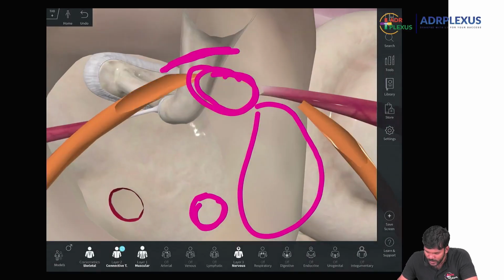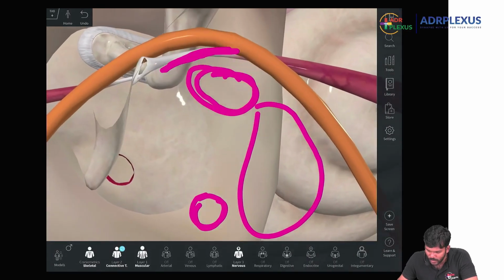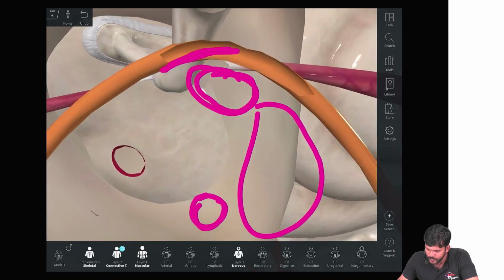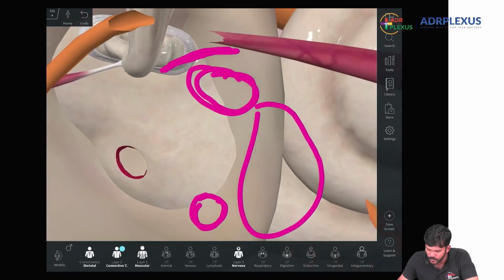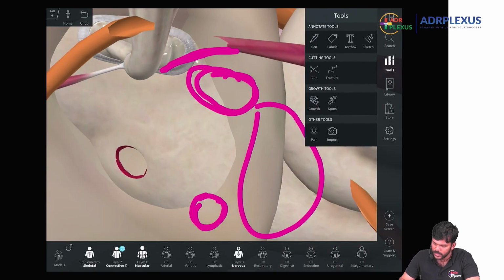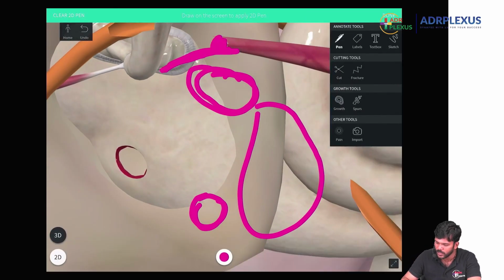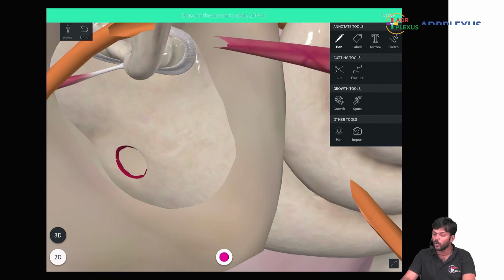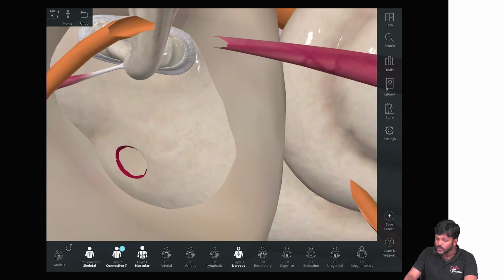This tensor tympani tendon is having one communication here. That communication name is processus cochleariformis. Now I hope you understood the orientation of these structures. With this orientation, we shall write it down in a workbook.